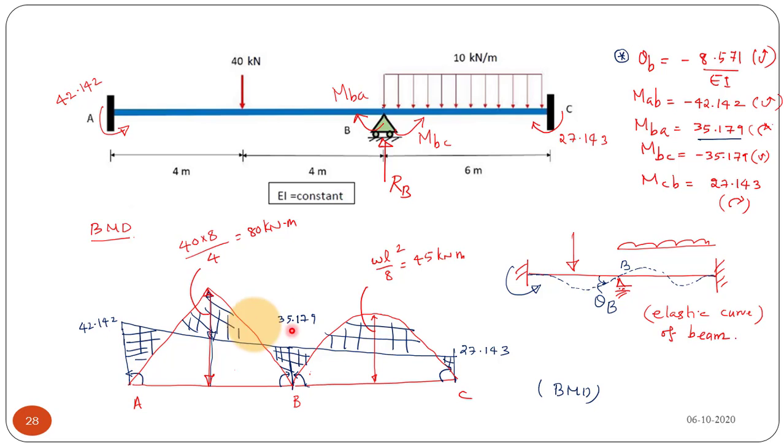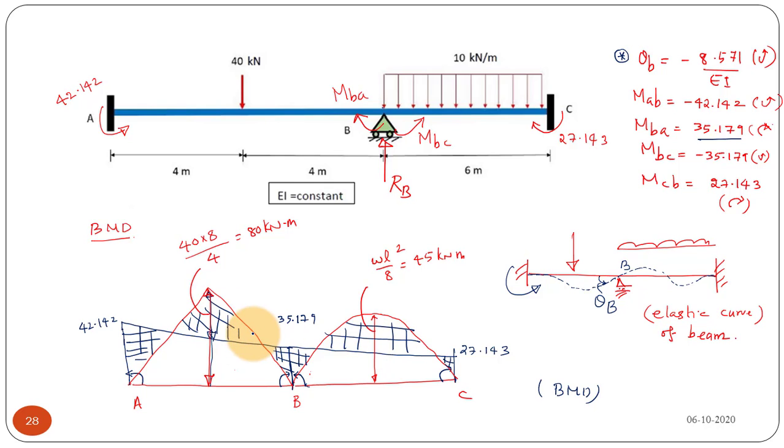We are drawing both on the same side. That means wherever these two diagrams overlap, that part of the moment gets cancelled, so the net moment will be only this shaded part. This shaded diagram will be the net moment diagram.